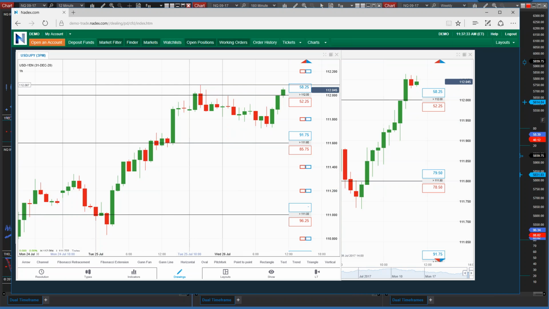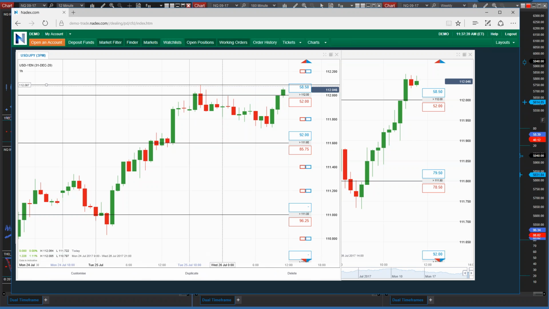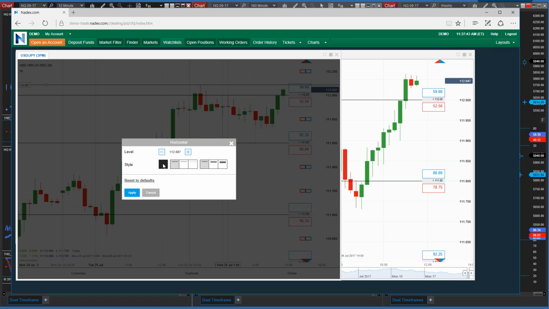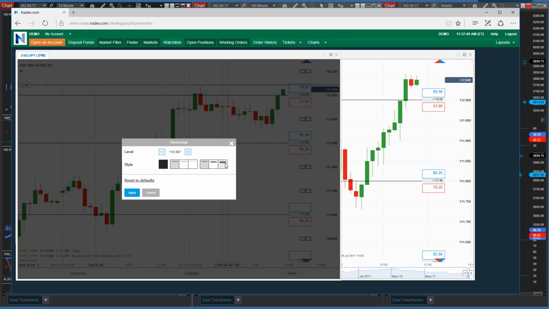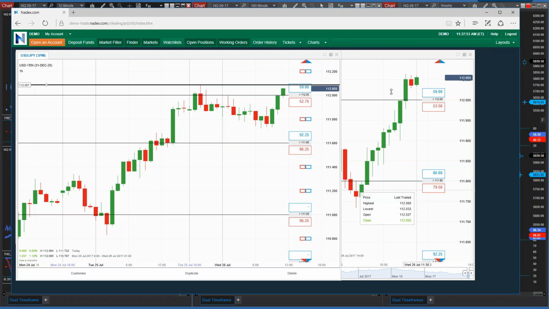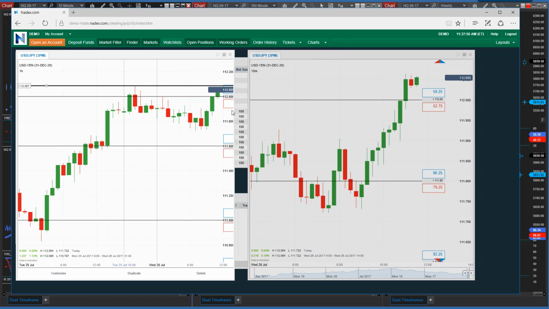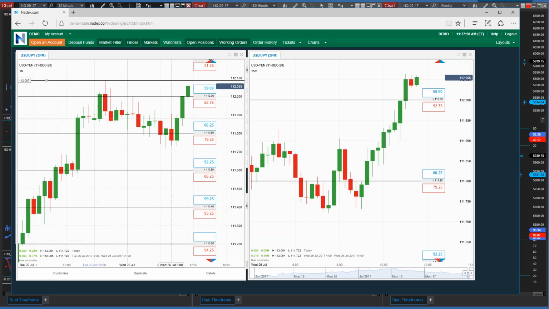Now I'm going to change this, instead of black, I'm going to use blue. And I'm going to make it a little bit thicker so it stands out at me. Okay. So right now I'm expecting to take out the 112.08 area, right?